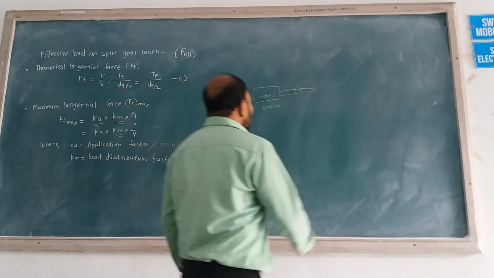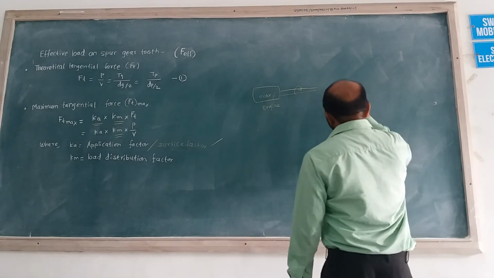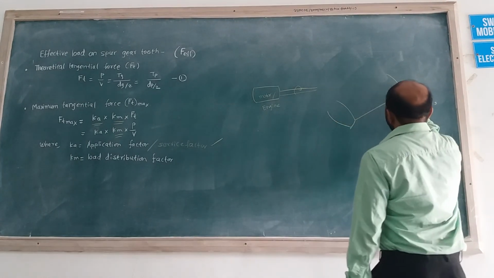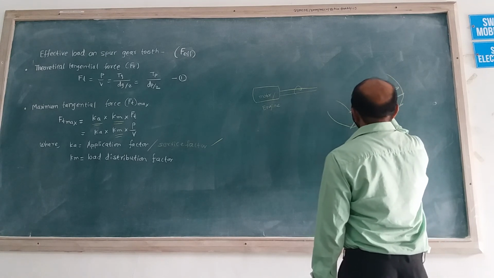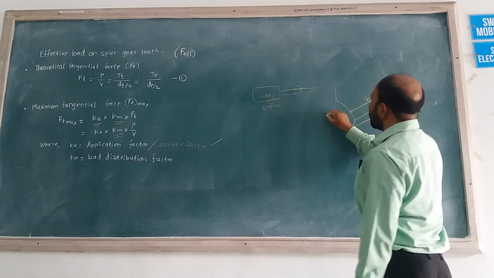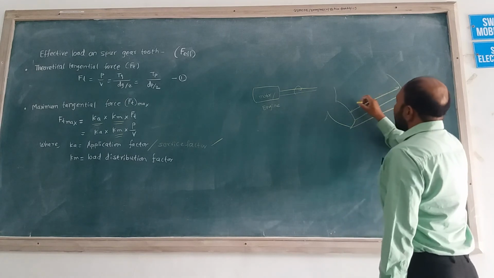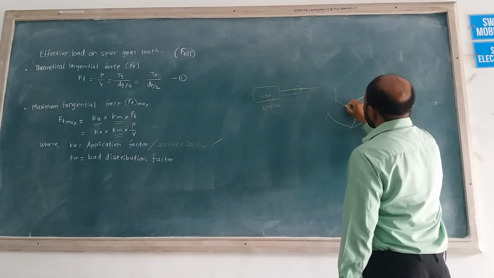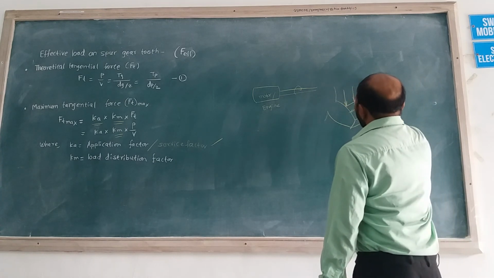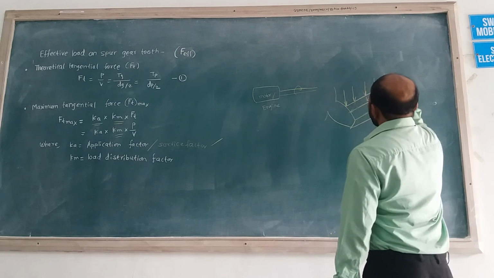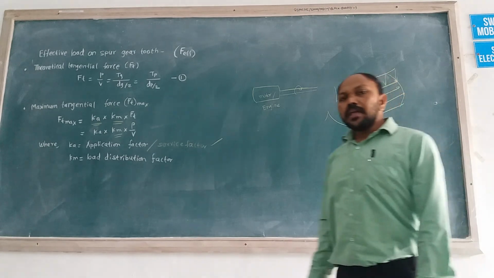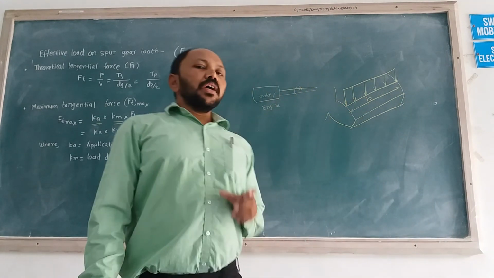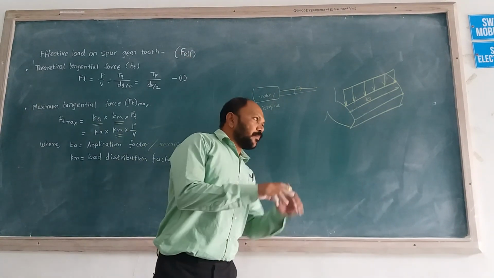Now why is this Km value important? If we see the beam strength equation, this is the pitch width of the gear tooth. According to Lewis, he assumed that the load is uniformly distributed. But in a real situation, the load is not uniformly distributed.